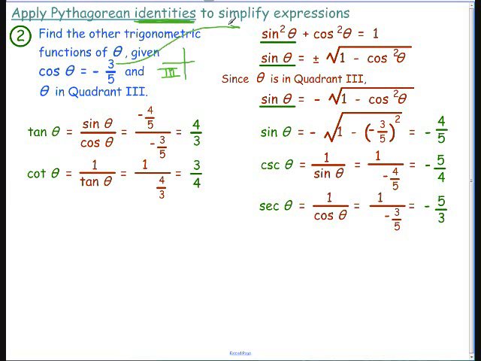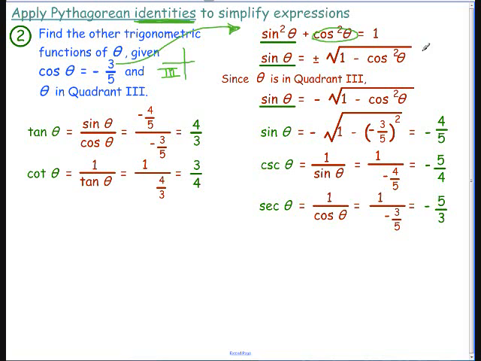We have to go up here and use an identity that has cosine in it and sine. We don't want to have more than two unknowns in our equation. We know what cosine is. That was given to us. Sine squared is going to equal 1 minus cosine squared.